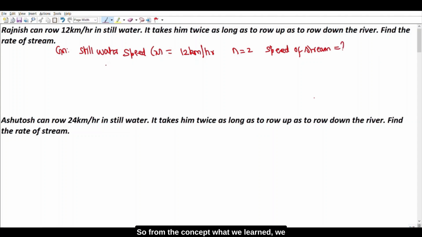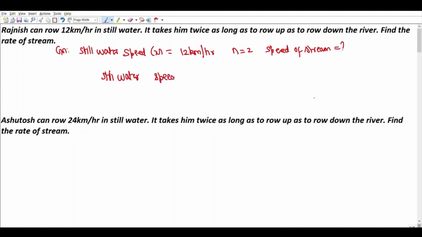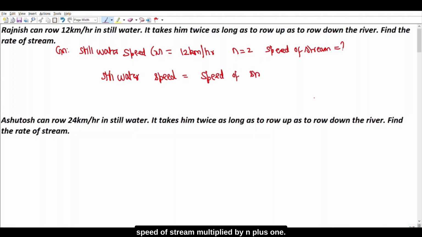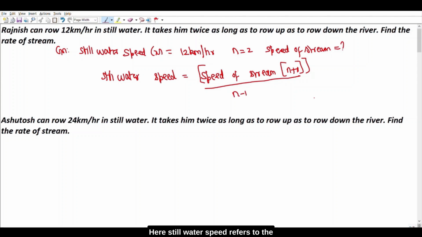So, from the concept what we learned, we know that still water speed is equal to speed of stream multiplied by n plus 1 the whole divided by n minus 1. Here still water speed refers to the speed of the boat in still water.